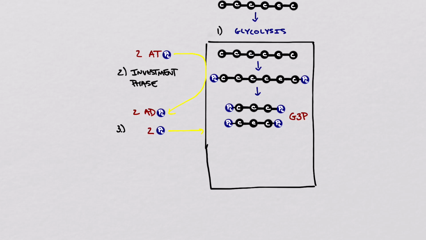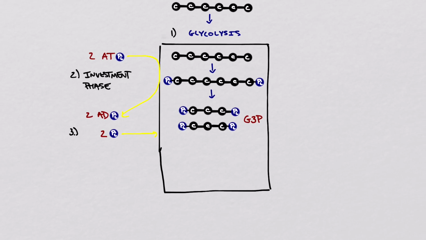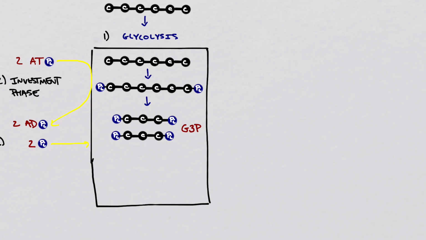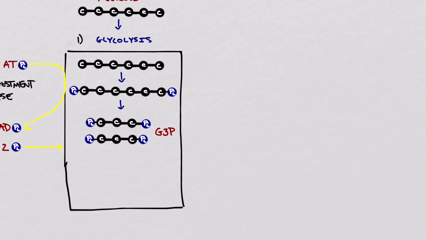But in the process of binding the phosphate to G3P, another reaction also happens, and I'm going to put this on the other side of the box. Remember from photosynthesis, we had our NADP+ molecule, and that was a high energy electron carrier molecule.